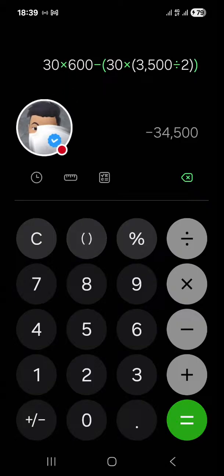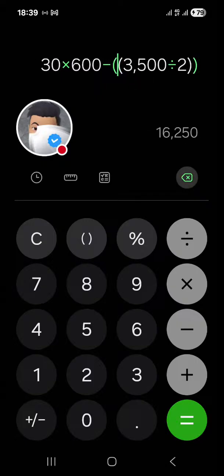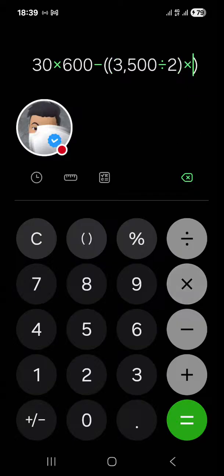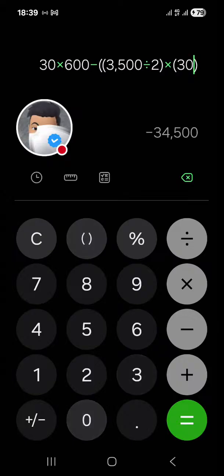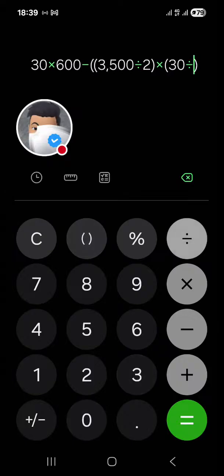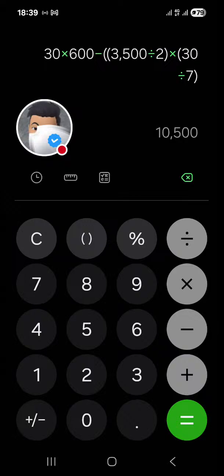Where is the negative coming from now? Okay, I think I will start with this, then times, yes, times, no, it's supposed to be 30 divided by 7. So we'll be making around 10,500 naira in profit.